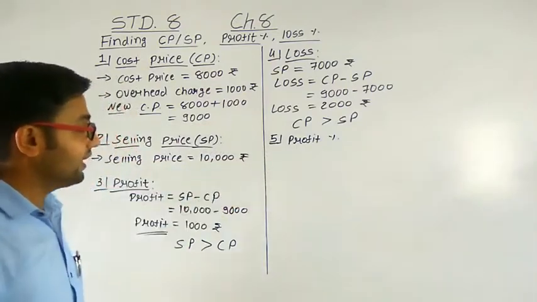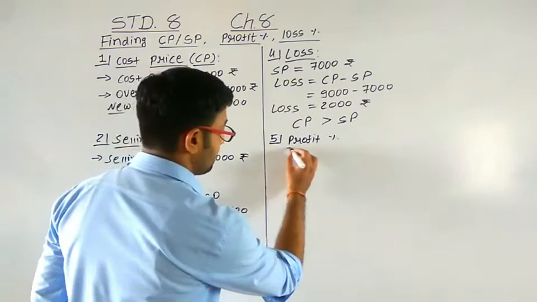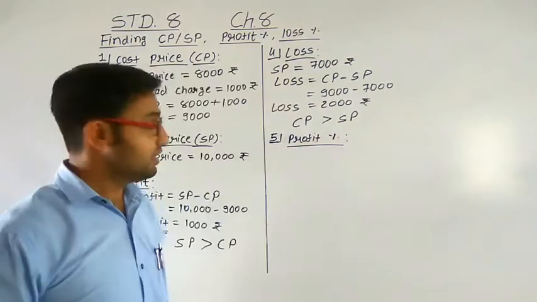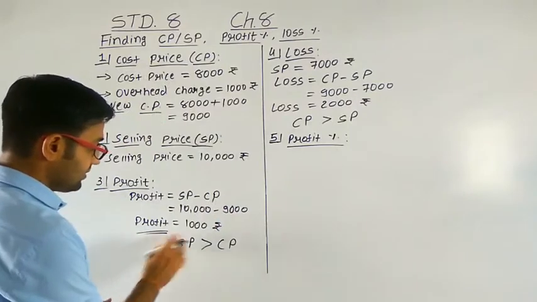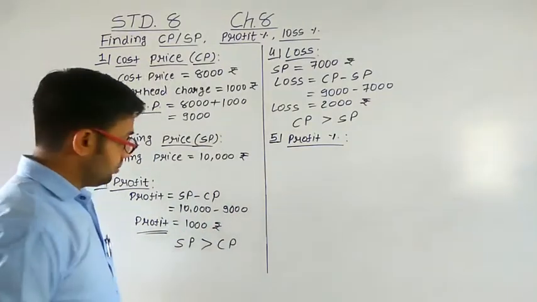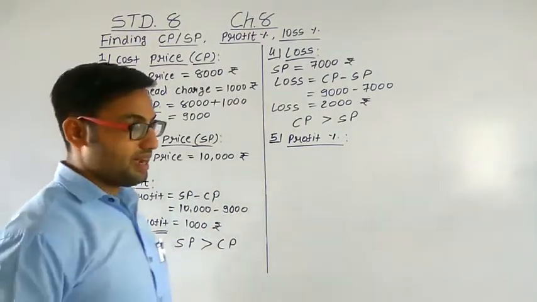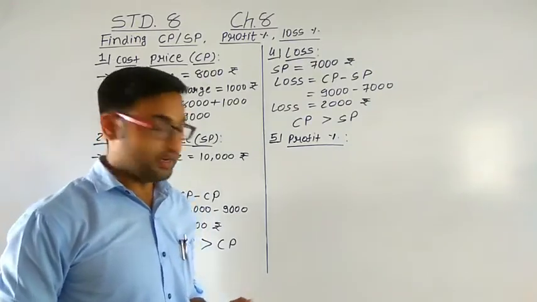And see how we can calculate the profit percentage. Here the cost price is 9000, the profit is 1000. So we have to make a base of rupees 100.